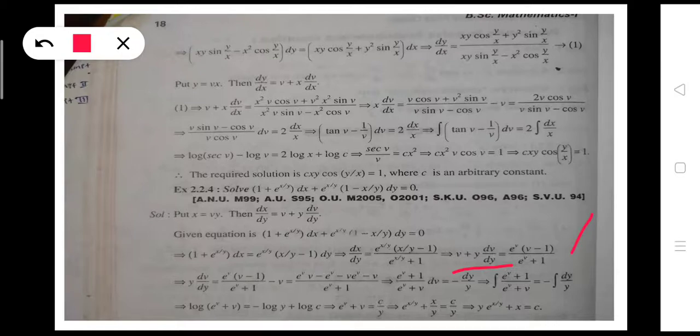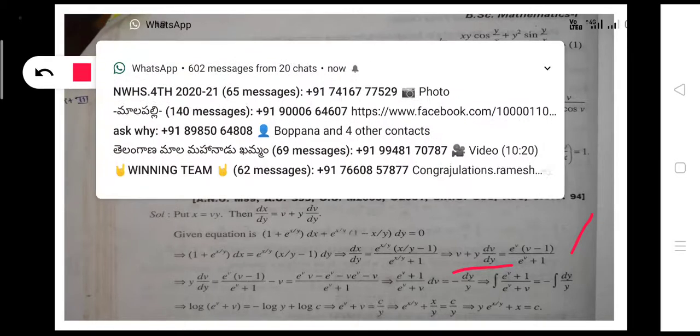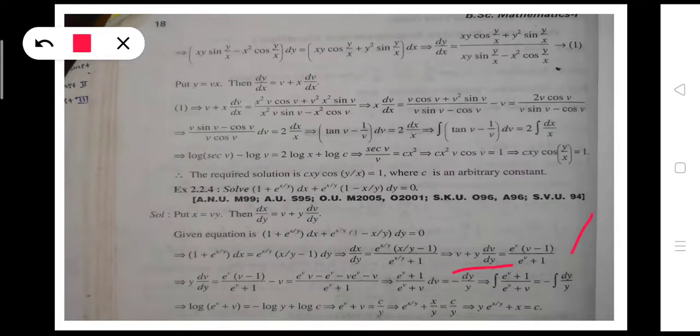So y dv/dy = e^v (v − 1)/(e^v + 1) − v, and e^v v − e^v − v e^v − v over e^v + 1.